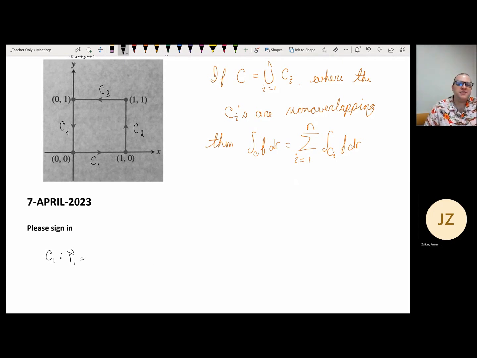We need to parameterize each curve. Start with C1. Correct, so what's your parameterization?